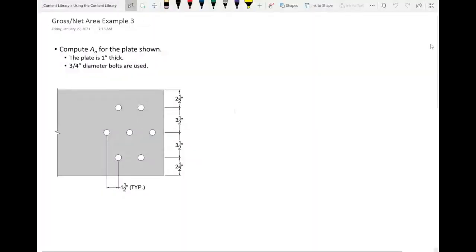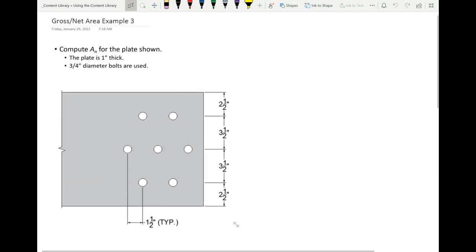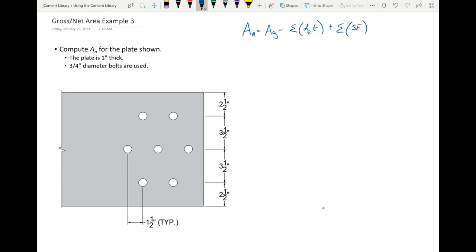All right. So we're going to compute the gross area and the net area for this, although the gross area is pretty easy. I'm going to make this image a little bigger so that everybody can read the dimensions. Remember, we have a formula. Our new formula is the gross area minus the sum of the bolt holes plus the sum of what we'll call our stagger factors.